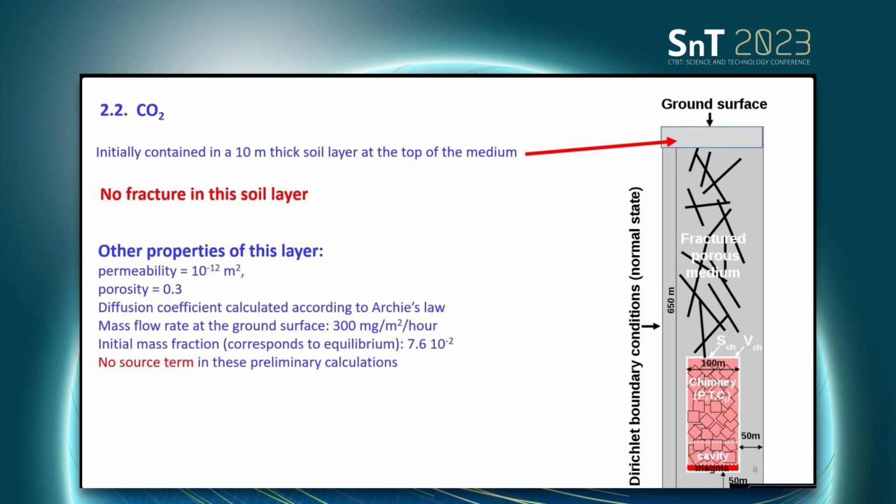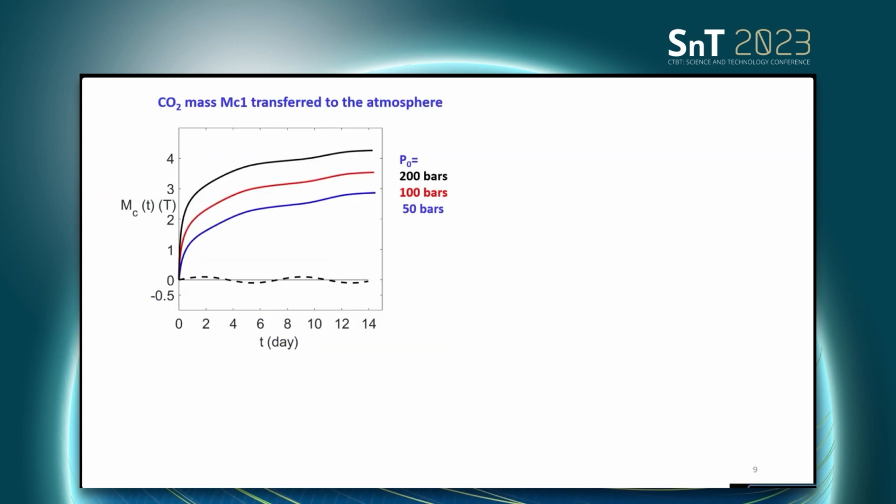Some properties of this layer are given here: high permeability, high porosity, and so on. A typical mass flow rate is used, and there is no source term in these preliminary calculations. What we have here is the total mass transferred.